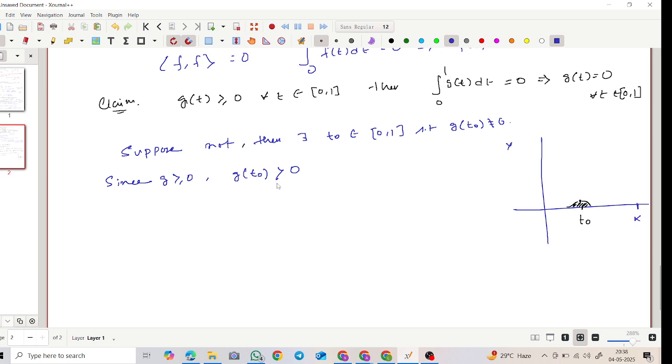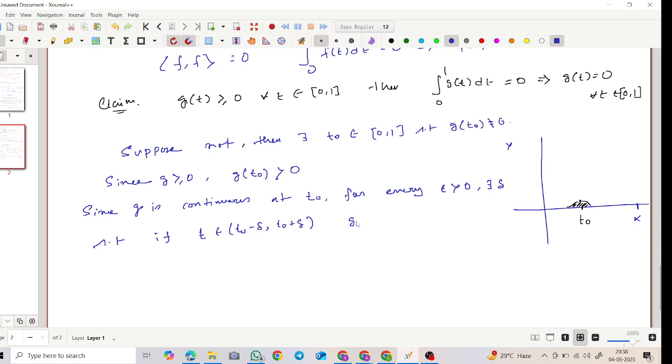Now, for continuity, since g is continuous at t naught, for every epsilon greater than 0, there exists a delta such that if t belongs to (t naught minus delta, t naught plus delta), then g(t) belongs to (g(t naught) minus epsilon, g(t naught) plus epsilon), right?